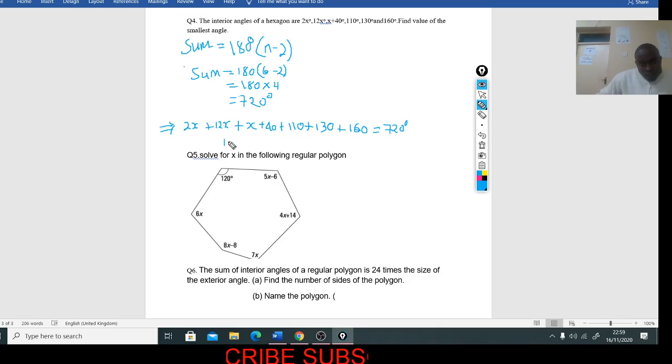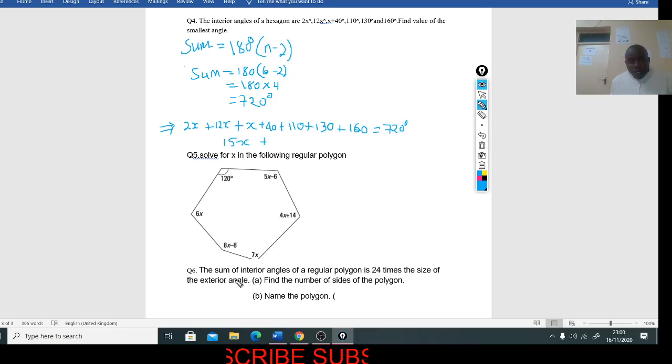15x, so we shall have 15x plus 40 plus 110 plus 130 plus 160. If you add 110 plus 130 plus 160 plus 40, you'll get 440 degrees.